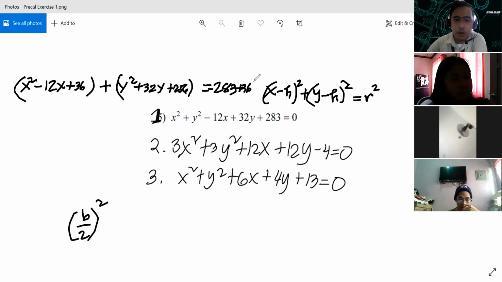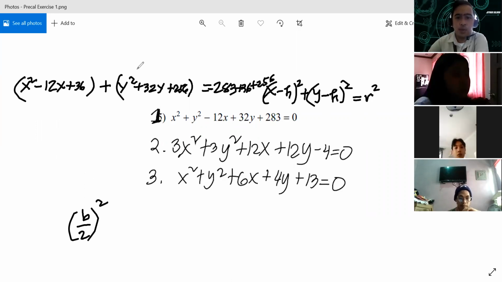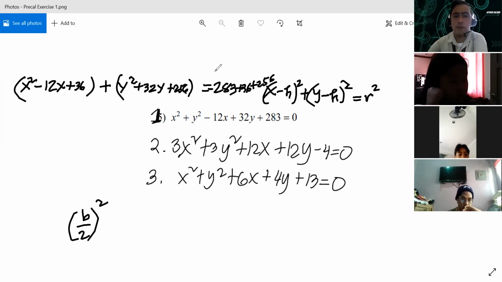And you should add also here 256. Then after that, for sure, these two groups will be perfect squares. So we will be rewriting that into that form. That's the purpose of that.